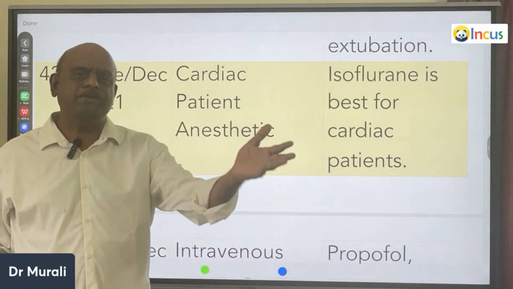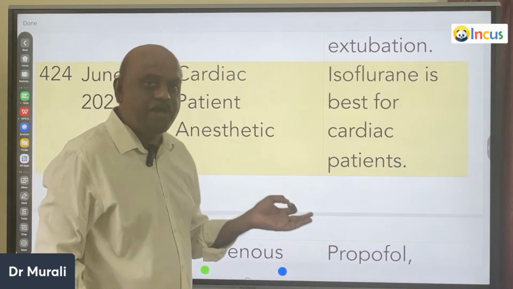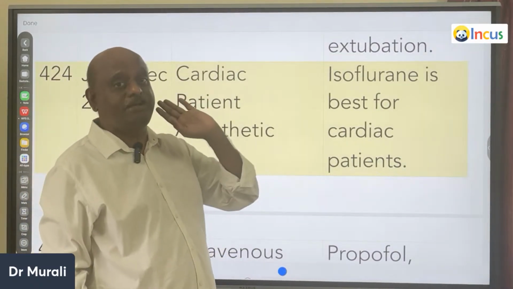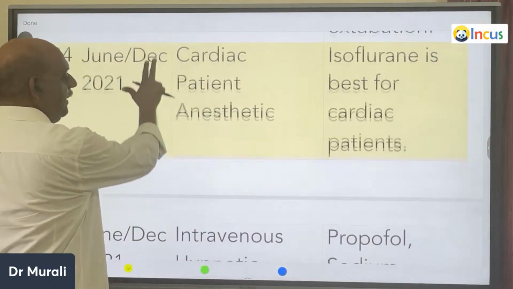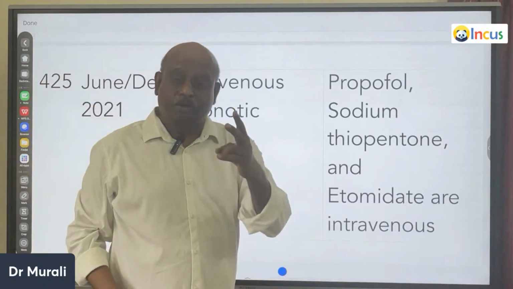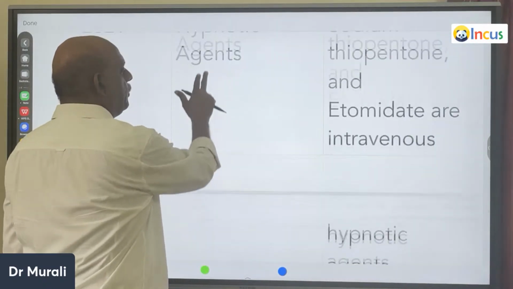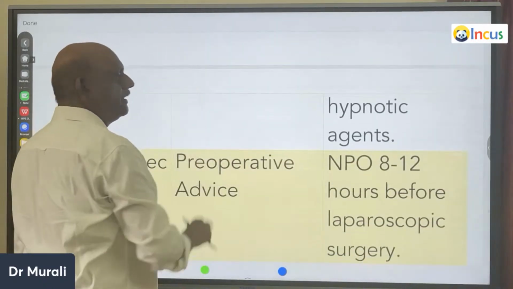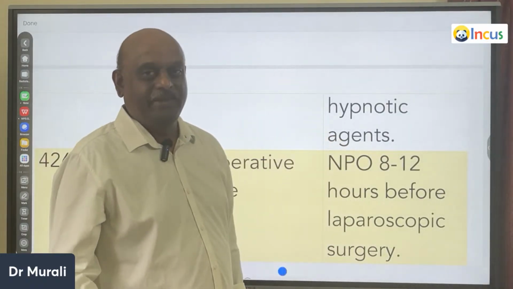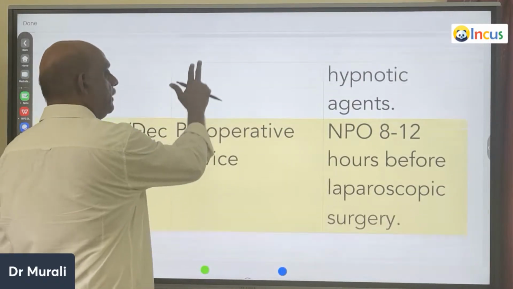Now, all the remaining anesthesia is just a quiz. Best agent in cardiac patients, which inhalational agent? Isoflurane. What are the 2 intravenous agents that you know? Propofol, thiopentone, and etomidate are the hypnotic agents which are used to give the anesthesia.